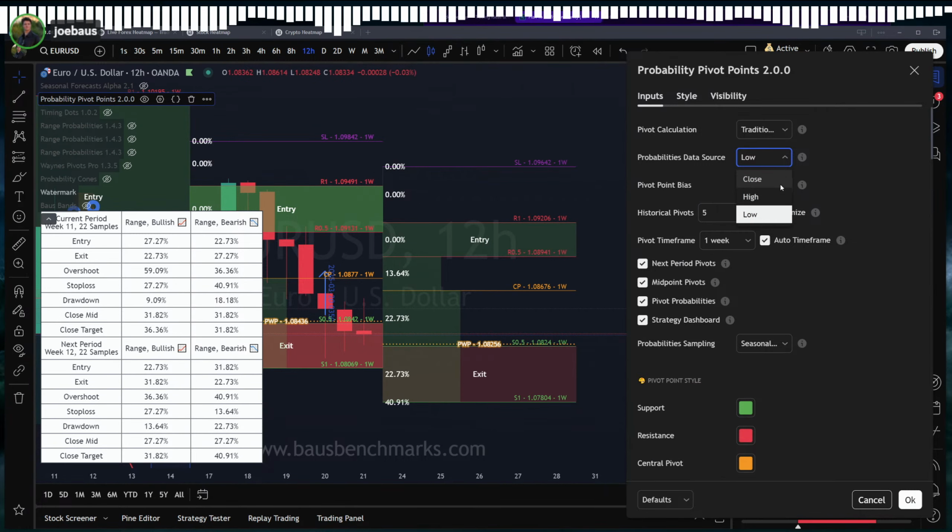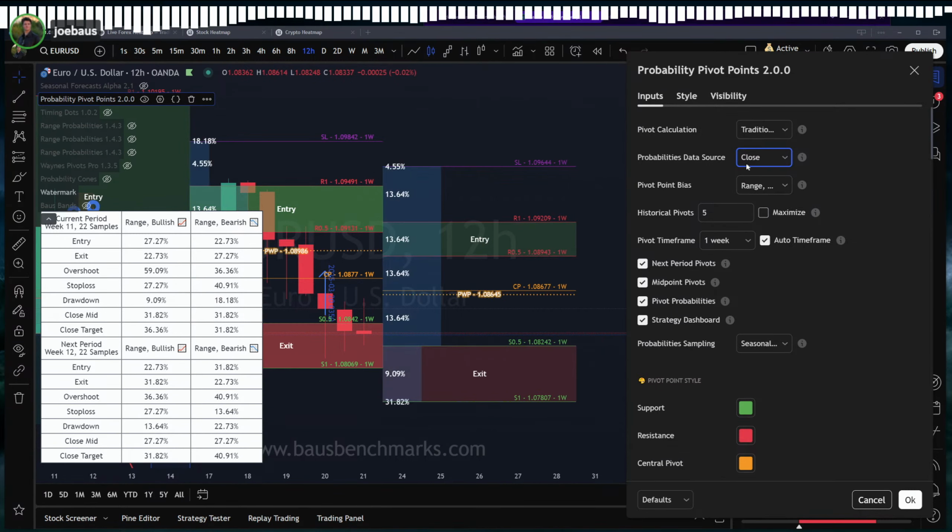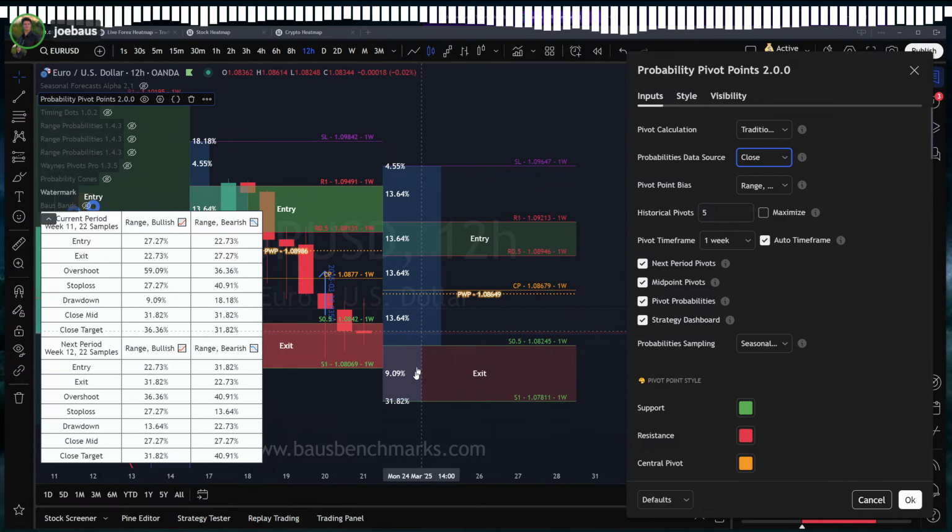And so instead of having to do that constantly, flip through all these data sources, you know, if you want to see exactly how the data is laid out, the seasonal distribution of data relative to the pivots, this is how you do it to see the actual hard data.